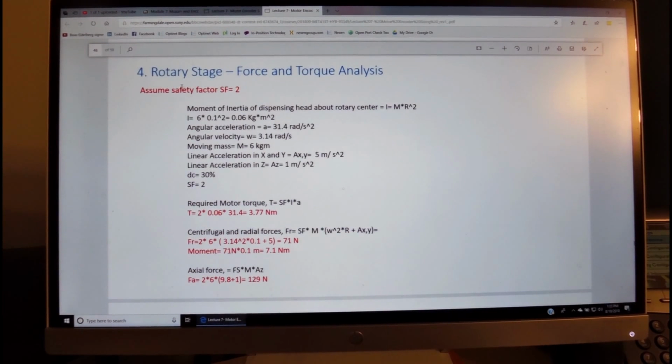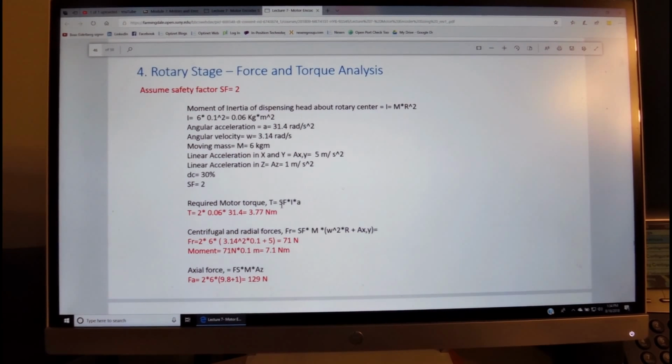Once again, we summarize all the information in a nice format, and then we can start calculating the required motor torque by using a certain safety factor, a safety factor of 2, very common in mechanical engineering, to make up for many assumptions or many unknown effects.